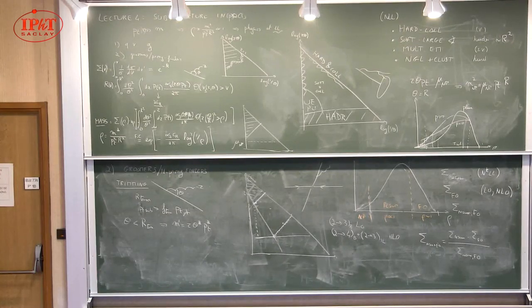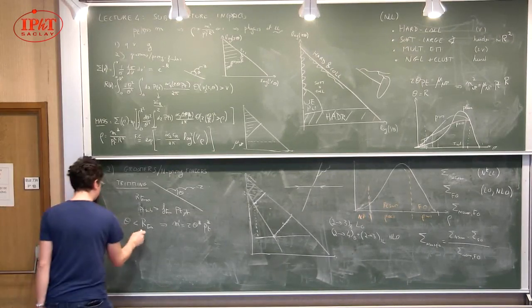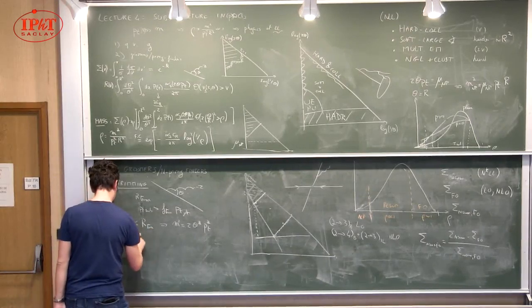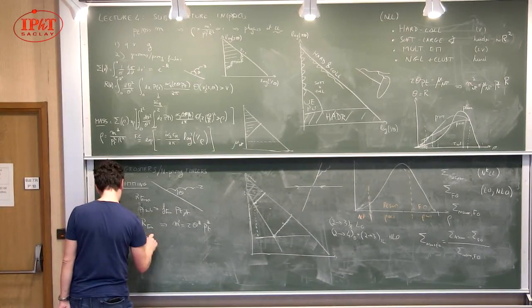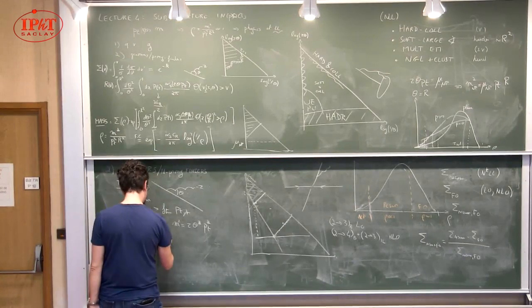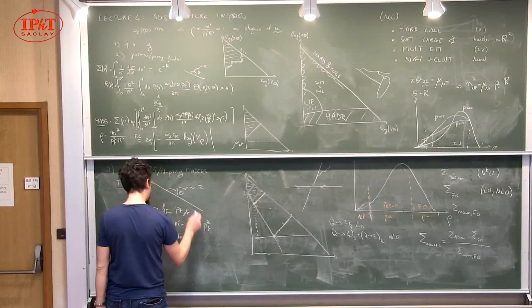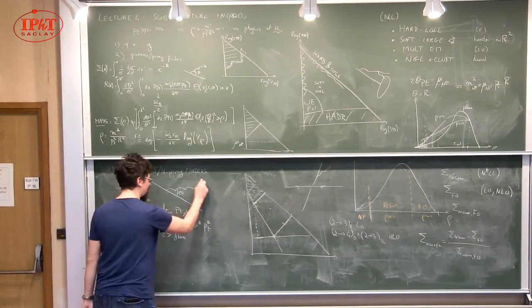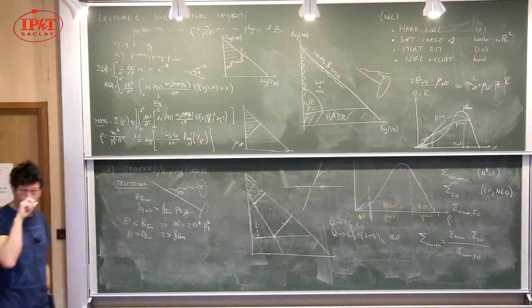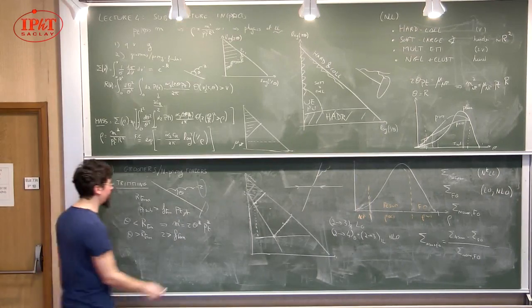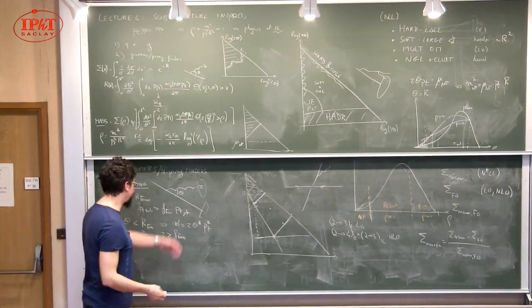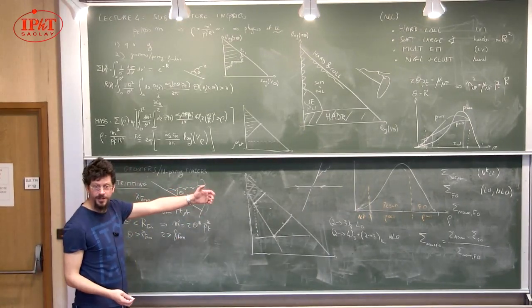Now, if theta is bigger than R trim, then it depends. If theta is bigger than R trim, this is going to be clustered into two different subjets. And so I'm only going to keep this one if the momentum fraction is large enough.